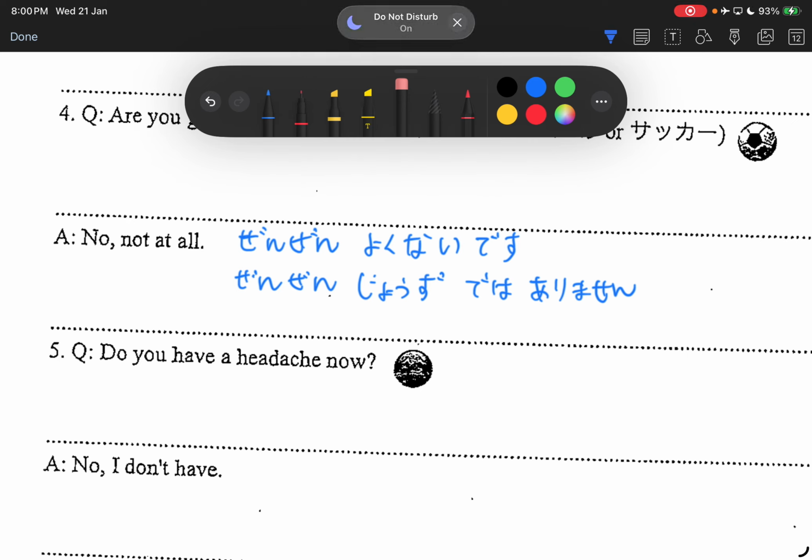Instead of using ja arimasen or ja nai desu, is it very casual? You haven't learned nai yet. I mean this word, ja nai desu. Okay, both are the same level, but we haven't learned nai yet. She's saying to change arimasen to nai. Yes, can. But nai is a casual form of arimasen.